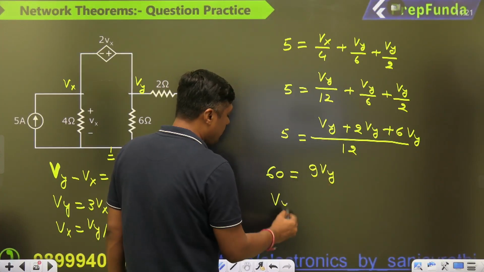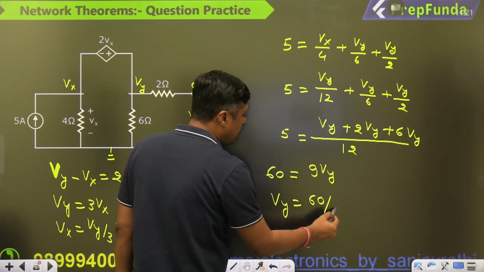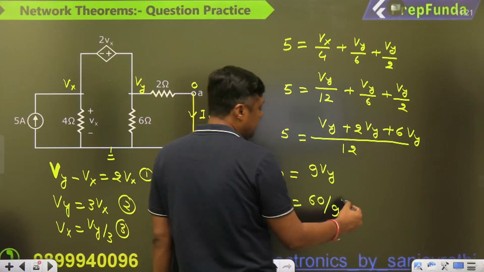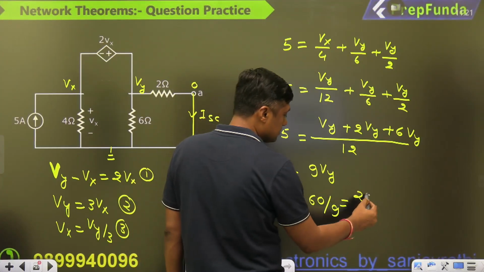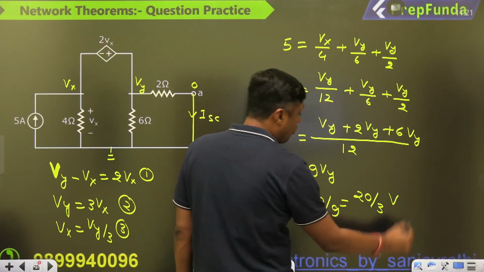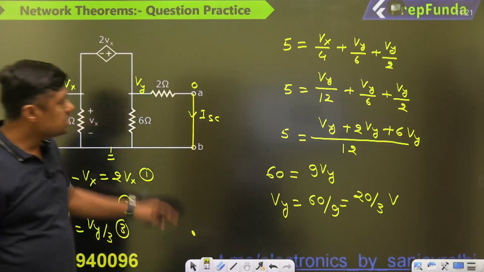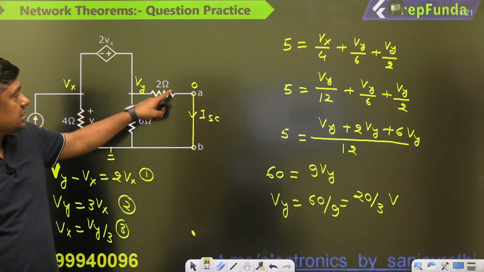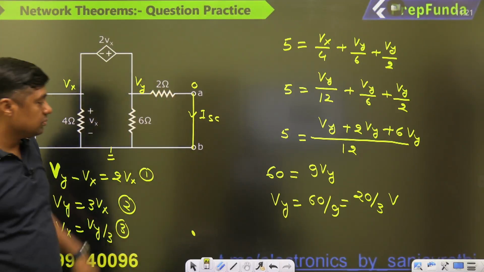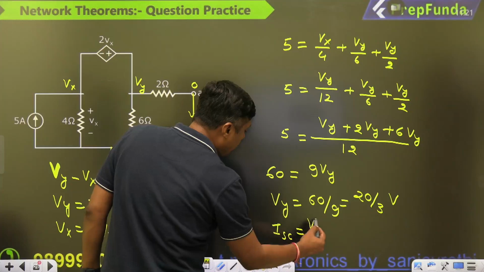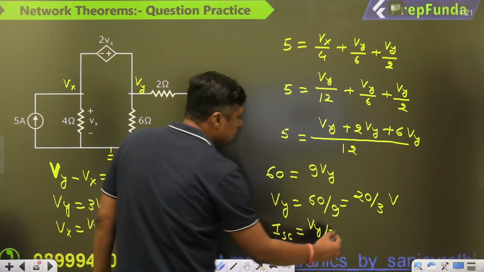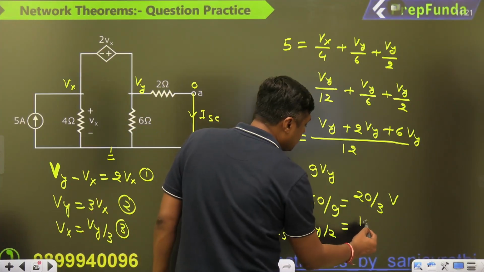What is Vy? 60 by 9, and that is 20 by 3 volt. What is the ISC, guys? ISC is Vy minus 0 by 2. You will get ISC is equal to Vy by 2, that is 10 by 3 ampere.